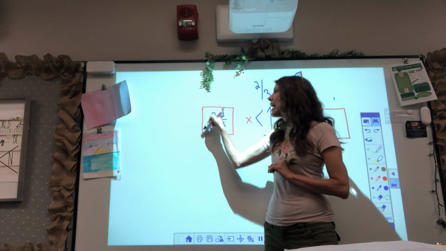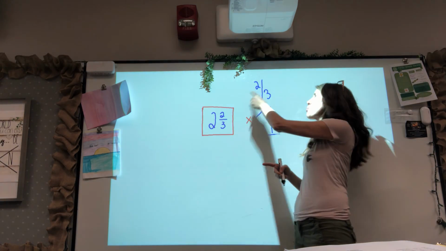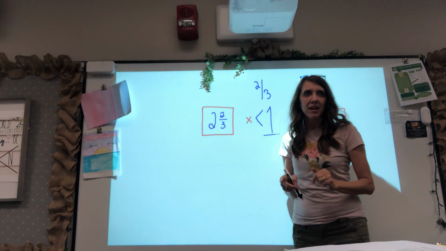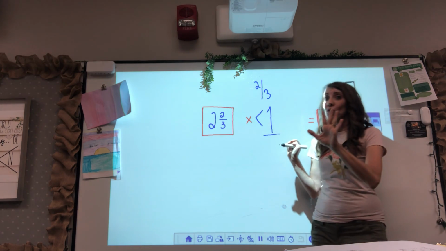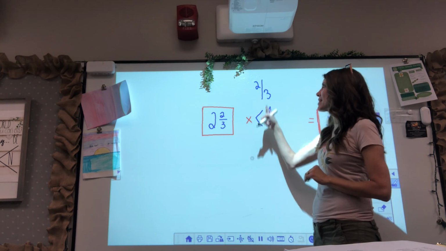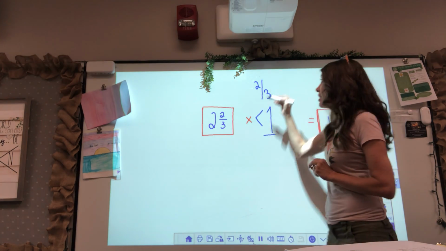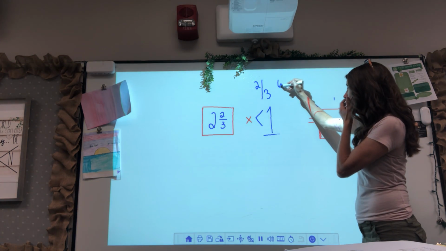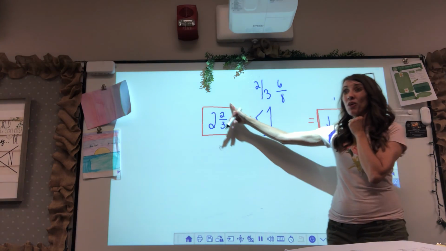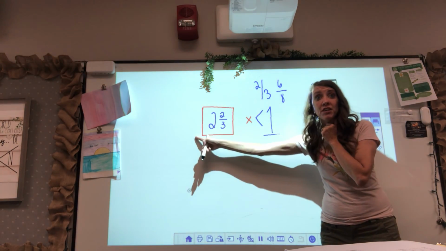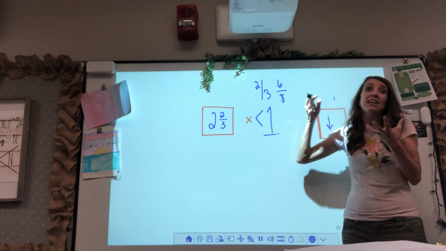Think of this. If I have a pizza and I'm saying I just want 2/3 of the pizza, it's going to end up being less than the original pizza, right? So, give me another example of a fraction less than 1, Bodhi. 6/8. Any factor times 6/8 of it, you're multiplying by something that's not even a whole.